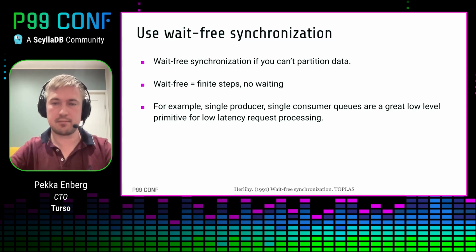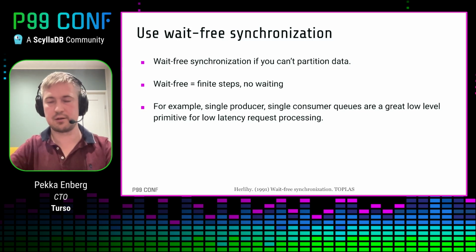And the main example here is single producer, single consumer queues, which are relatively easy to implement, and lots of good examples are out there. These are a great low-level primitive for low latency request processing. Even in thread per core architectures, for example, you sometimes need to steer requests, or basically move request processing from one core to another if you have the data partitioned.